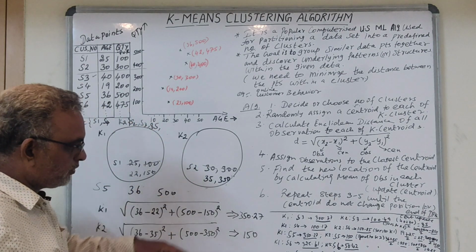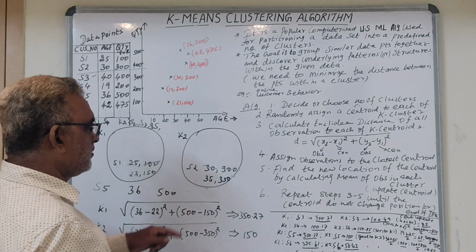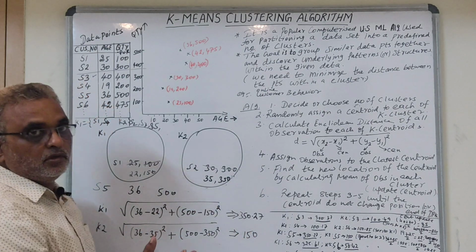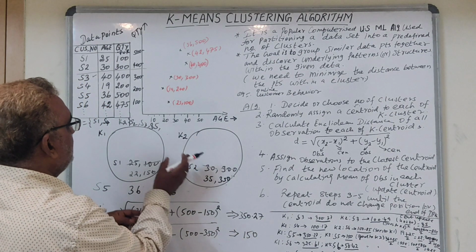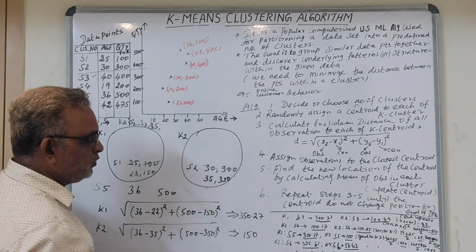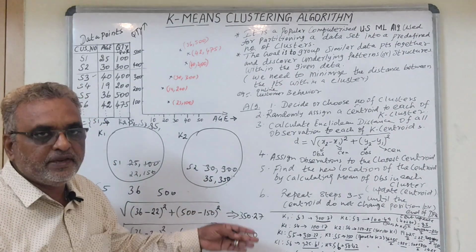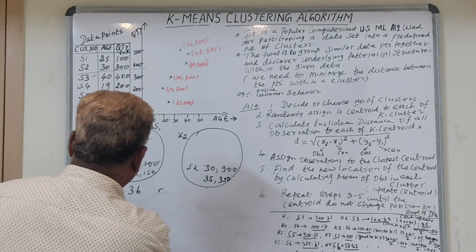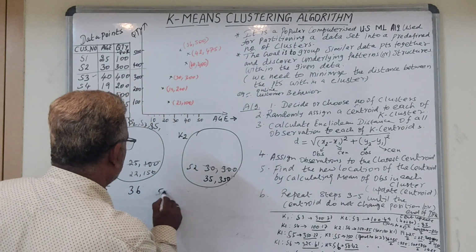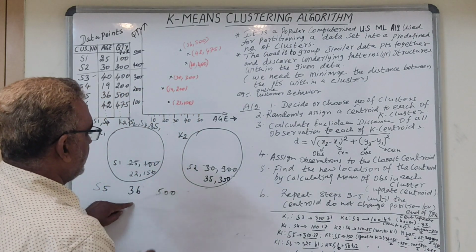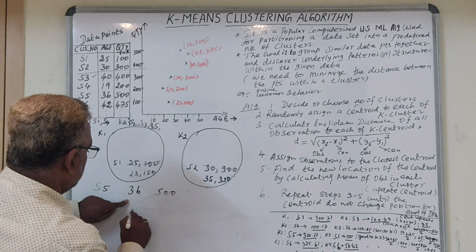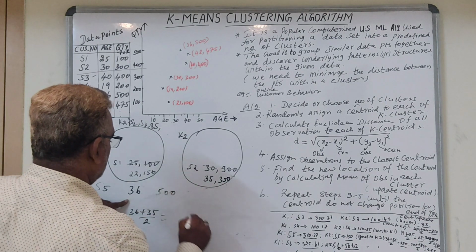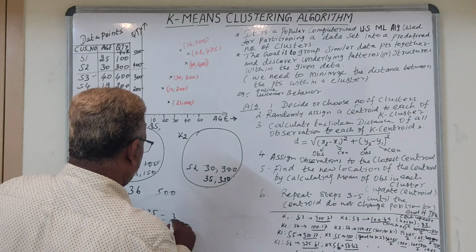So now what you have to do? You have to calculate the new centroid, because since it belongs to K2, the new point gets added in cluster K2. We have to update the centroid of K2. The new value is 36, 500. So 36 plus 35 divided by 2 is nothing but 35.5.